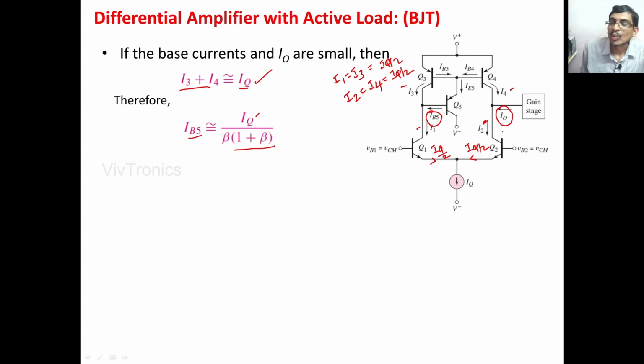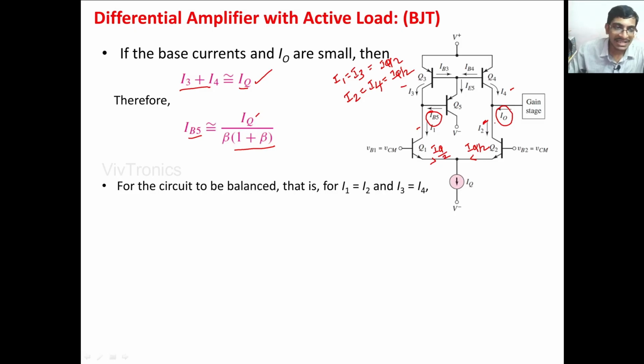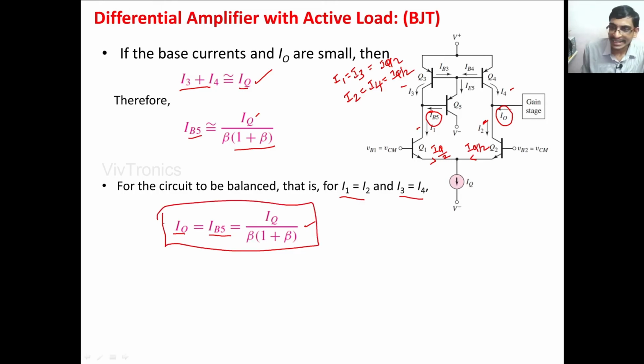Now we need to equate this IB5 value to I0 so as to balance this circuit. For the circuit to be balanced, that is for I1 equal to I2 and I3 equal to I4, we need to equate I0, the output current or the input current of the gain stage, to the base current of the fifth transistor, that is IQ by beta times 1 plus beta. That is the value of the input current of the gain stage.